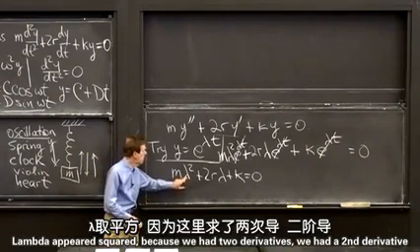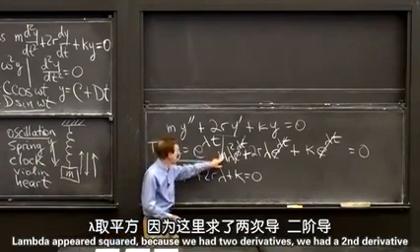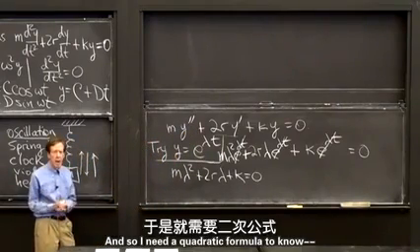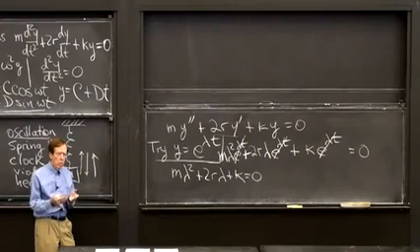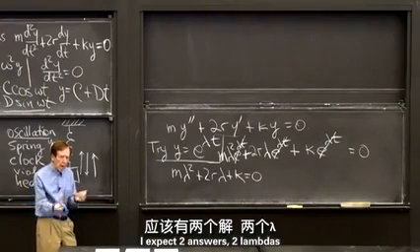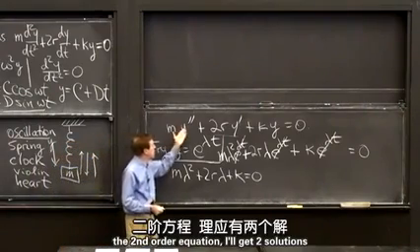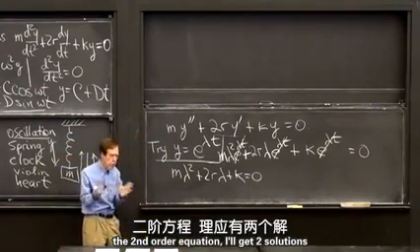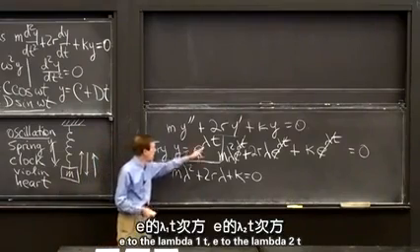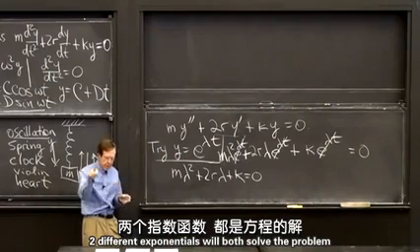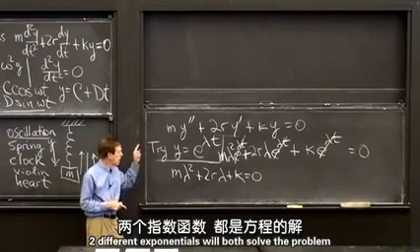Lambda appears squared because we had a second derivative. So I need the quadratic formula, and I expect 2 answers, 2 lambdas. That's normal for a second order equation. I'll get 2 solutions, e to the lambda 1 t and e to the lambda 2 t. Two different exponentials will both solve the problem.